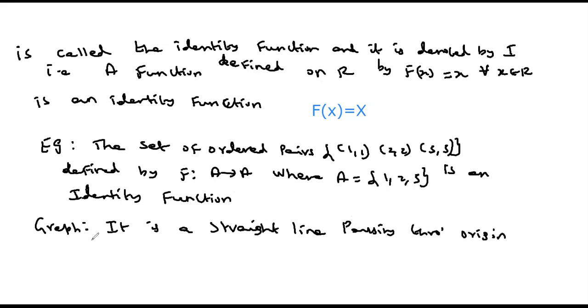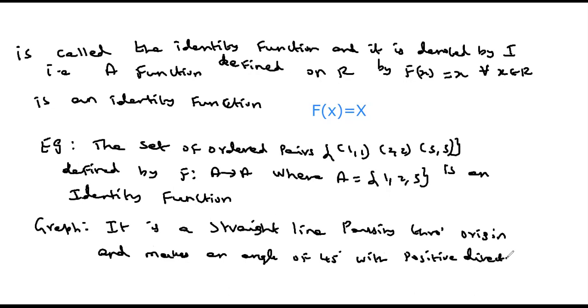And it makes an angle of 45 degrees with the positive direction of x-axis. Understood? So this is our identity function. Identity function means each element's image is itself.